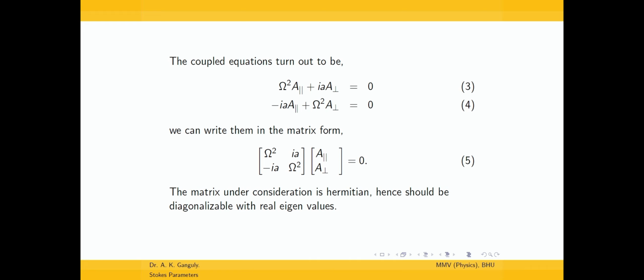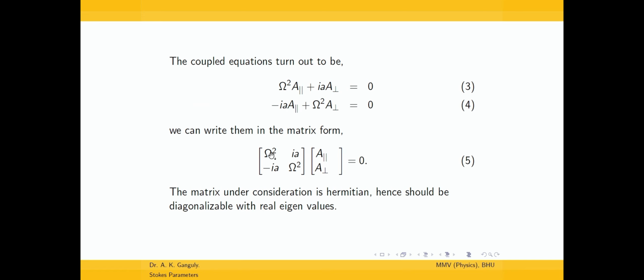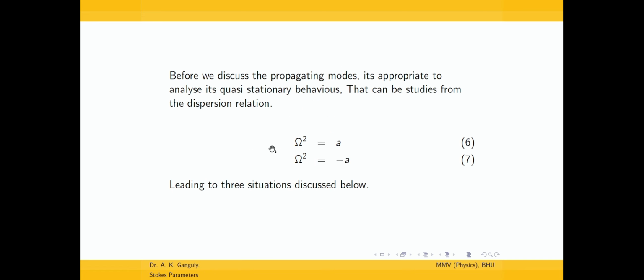and if the eigenvalues are real, in general there should not be any loss of energy by the process of energy dissipation. So, what are the possible solutions following from the determinant of the matrix? There are two given by equations 6 and 7.